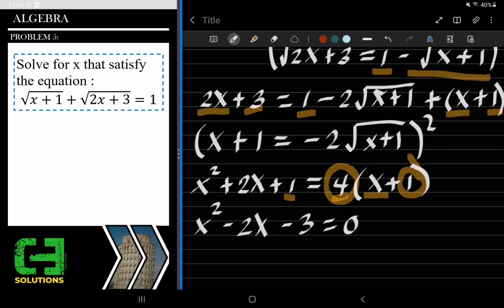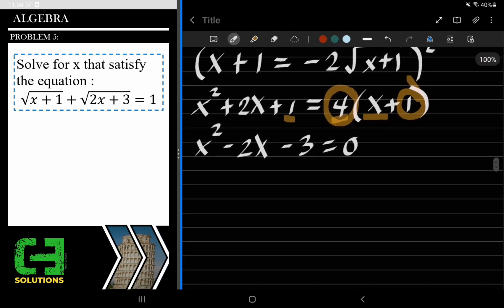Since we have a quadratic equation here, again, a quadratic equation means it has two possible roots. Then we can use factoring to solve for the values of x, or we can use the quadratic formula, or we can simply use the equation function of our calculators.